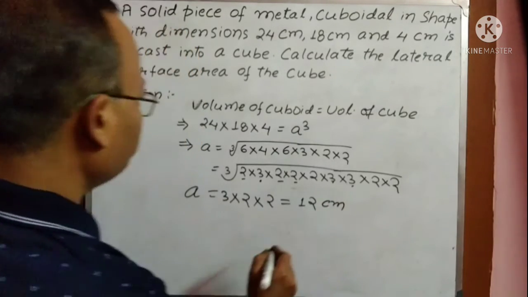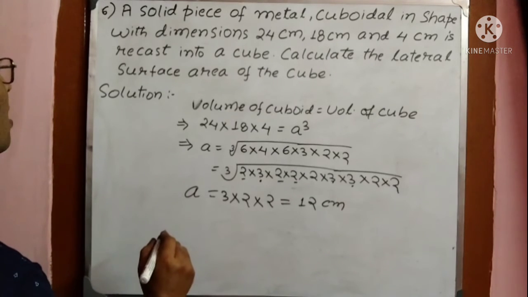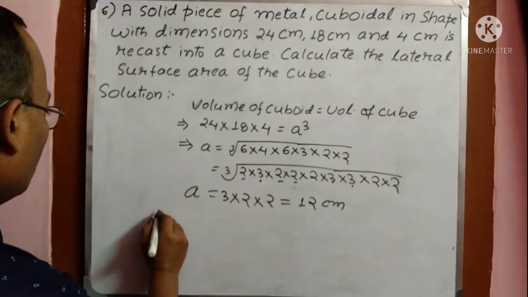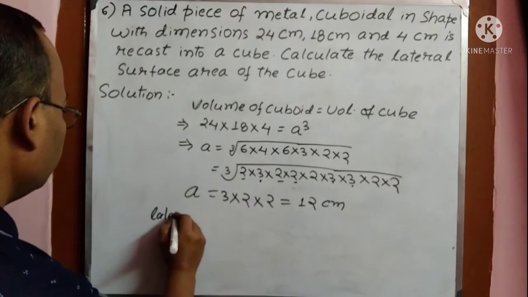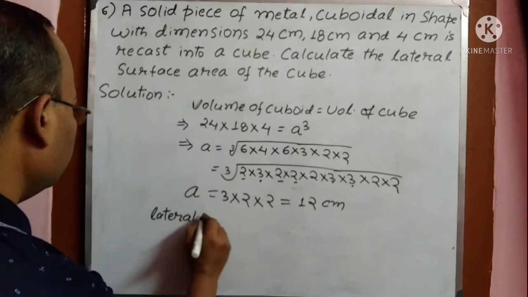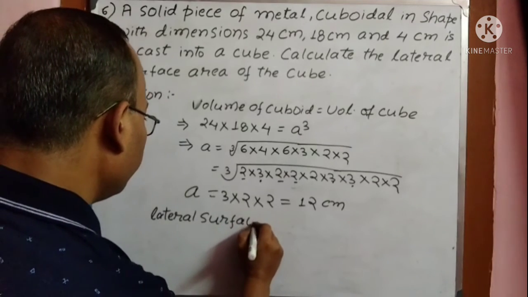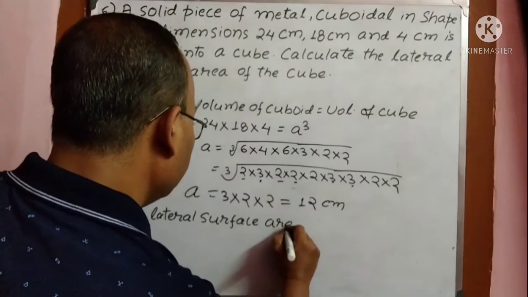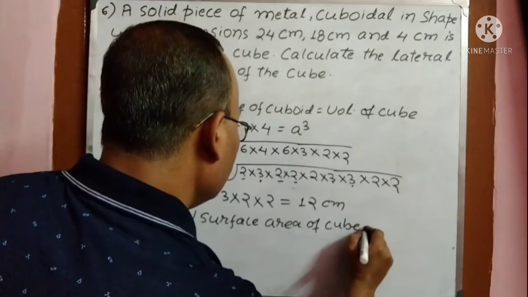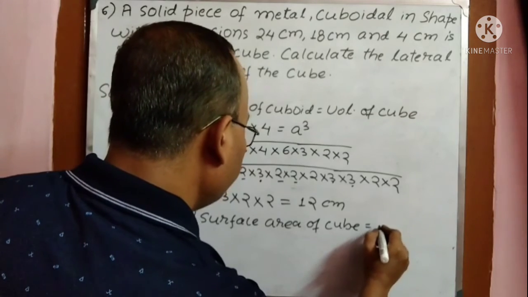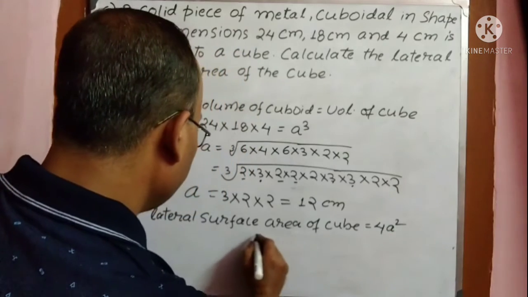It has come. Okay. So you need to find the lateral surface area of the cube. So the lateral surface area of cube is equal to the area of 4 walls. So that is 4A square.